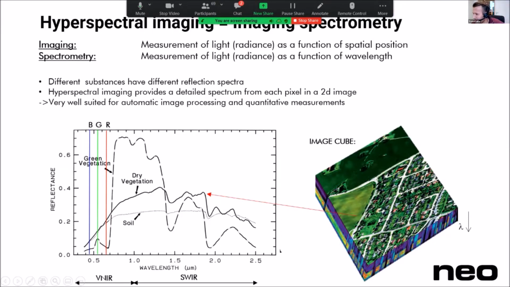Fun way to present what hyperspectral imaging is. But yes, hyperspectral imaging, as Agnar said, is combining imaging and spectrometry. Basically when you're designing a hyperspectral system, you want a 2D image where each pixel has a lot of wavelength colors.